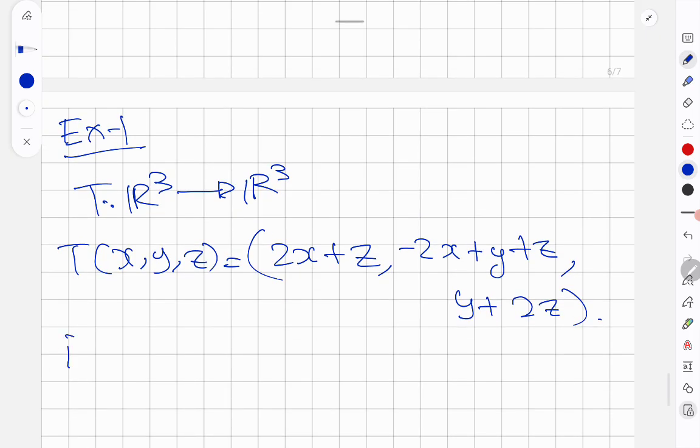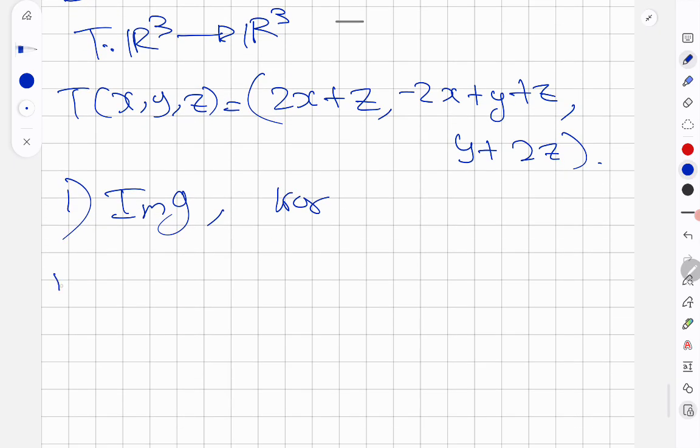Now the first question is find the image, find the kernel.